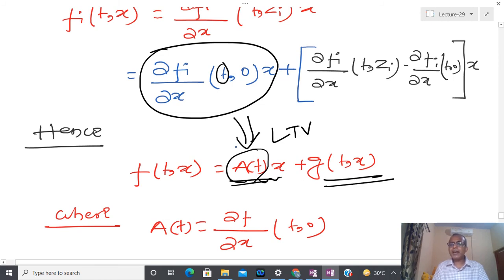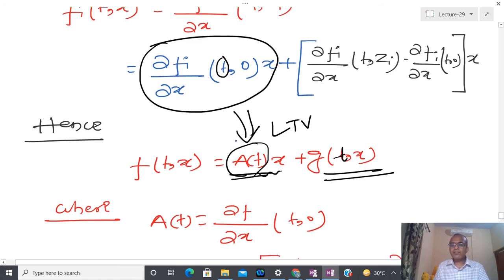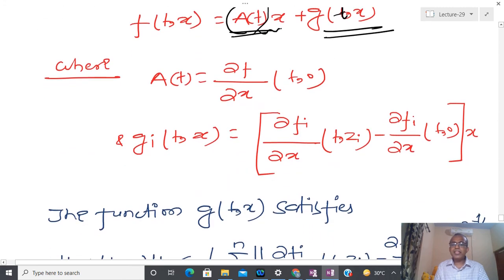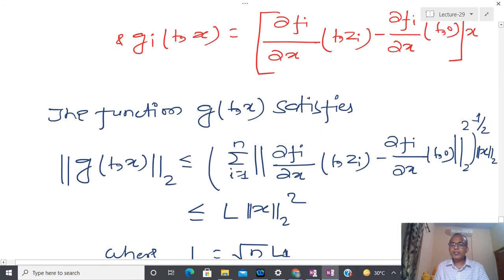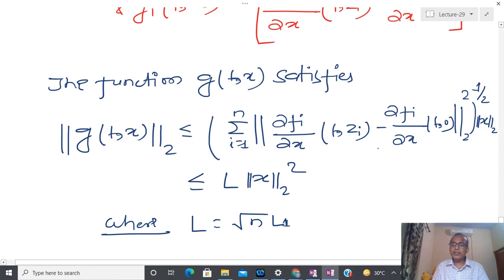Initially in the case of an autonomous system, this term depends only on x. Now this is going to depend on x and also t. Okay, and after that, the same way, I will apply the same kind of inequality component wise, and this will satisfy this kind of relation.